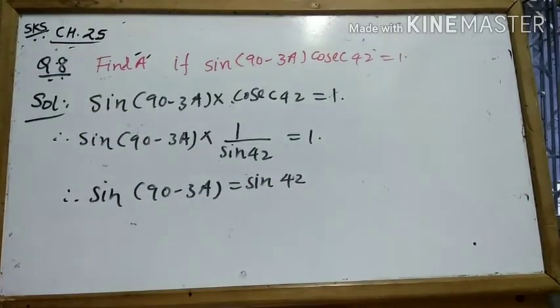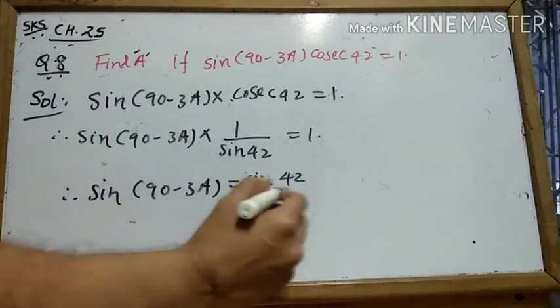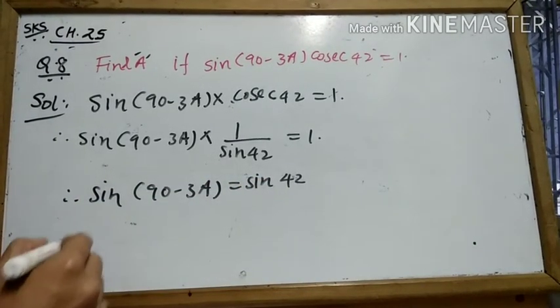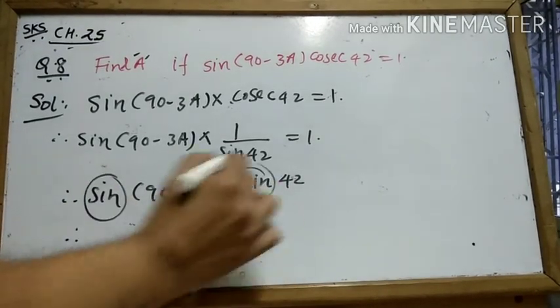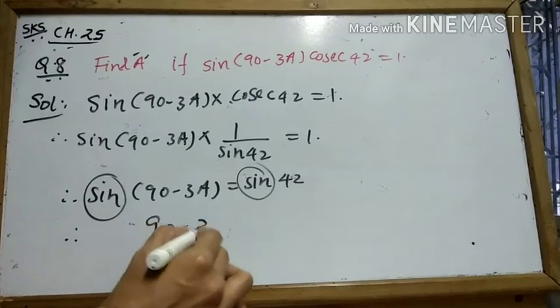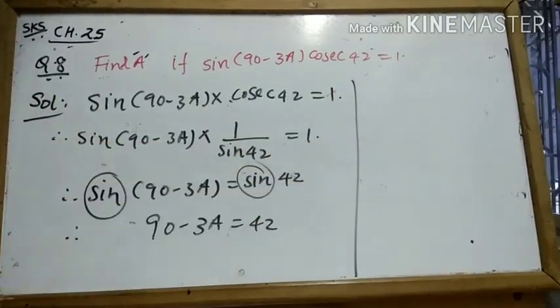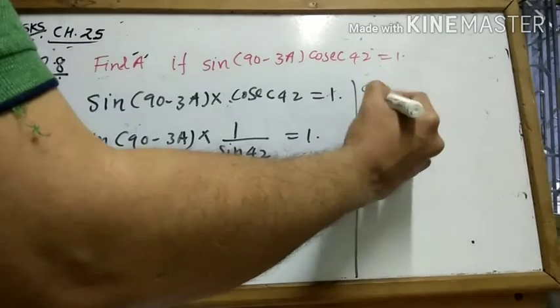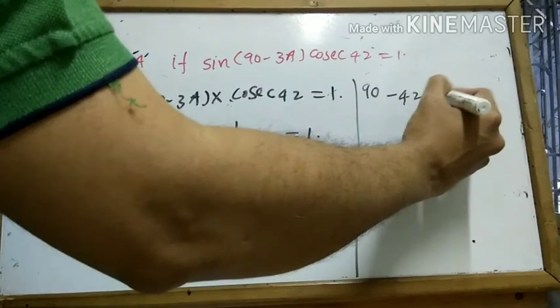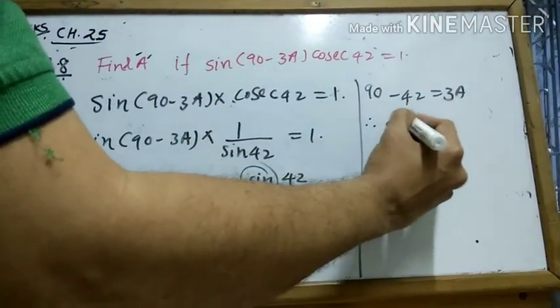1 multiplied by any number is the number itself. So sine 90 minus 3A equal to sine 42. I am removing the sine function from both sides. So what I get is 90 minus 3A is equal to 42. 42 I am bringing on the other side. 90 minus 42 is equal to 3A. 90 minus 42 is 48.